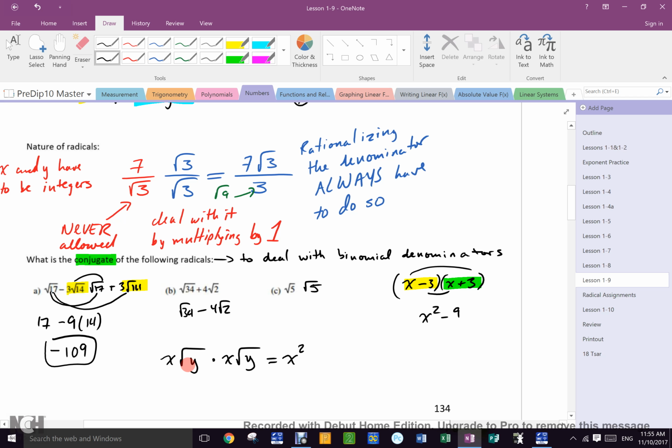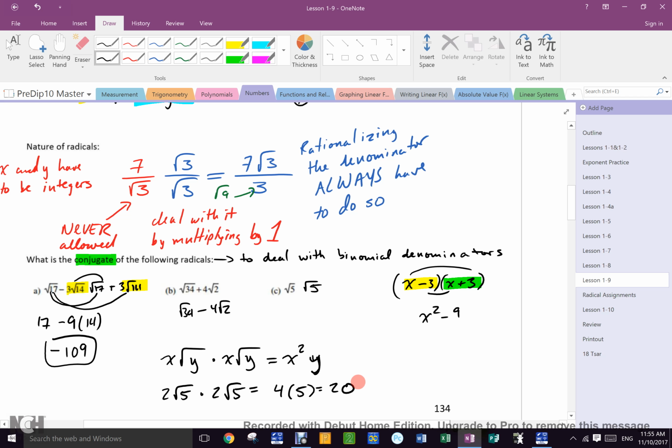Y. Because square root of y times square root of y is y. Is everyone cool with that? That causes trouble. A lot of you are going to forget. Now let's do that with real numbers. 2 root 5 times 2 root 5 is what? 4 times 5, which is 20. Is everybody cool with that?